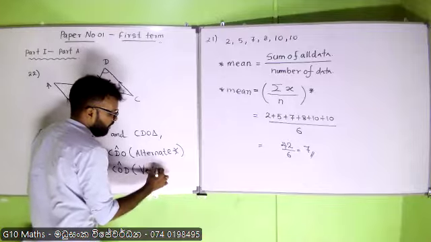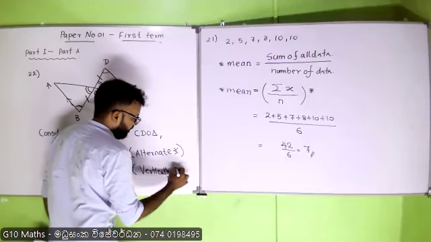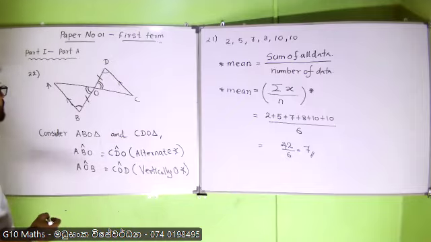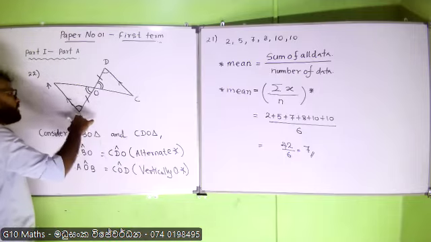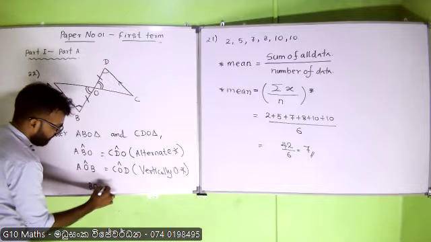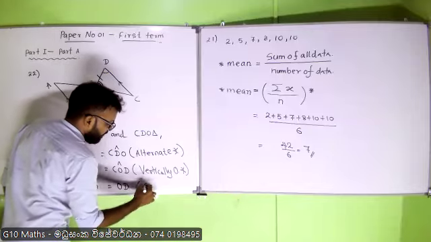You have to write the full law: vertically opposite angles. And you can write BO equals OD. They have given that.